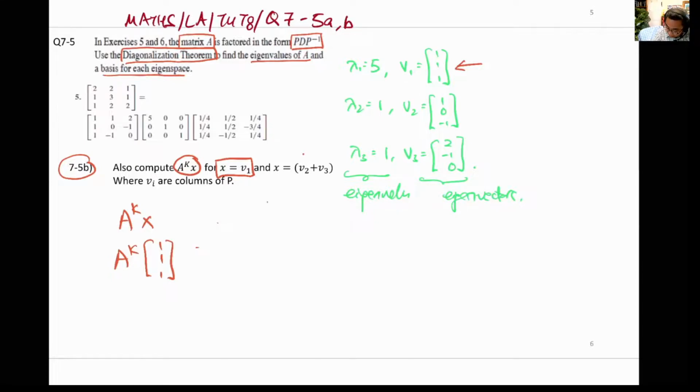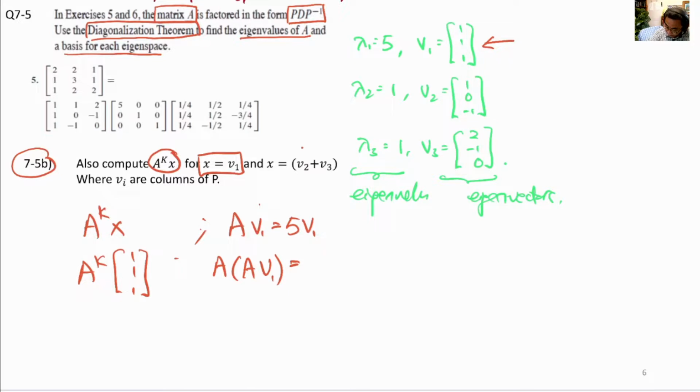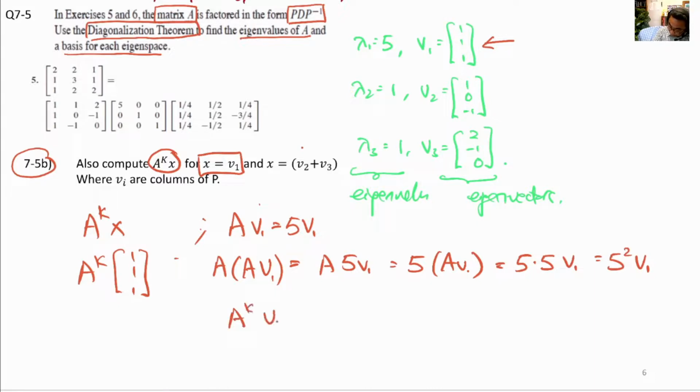A times A V1 is A times 5 V1, which means it equals 5 times A V1, which is again 5 times 5 V1, which is 5 squared V1. Therefore, we can now generalize A^k V1 equals 5^k V1.